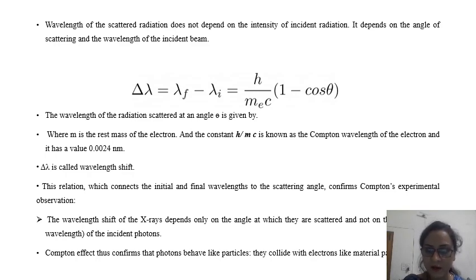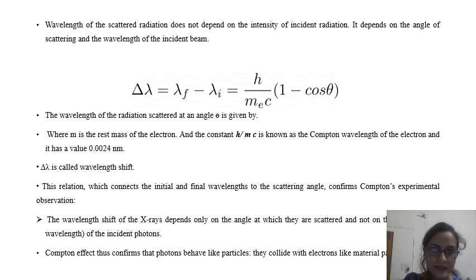Here theta is the angle of scattering. The wavelength of the radiation scattered at angle theta is given by this, where m is the rest mass of the electron and the constant h upon mc is known as the Compton wavelength of the electron, and it has the value 0.0024 nanometer.